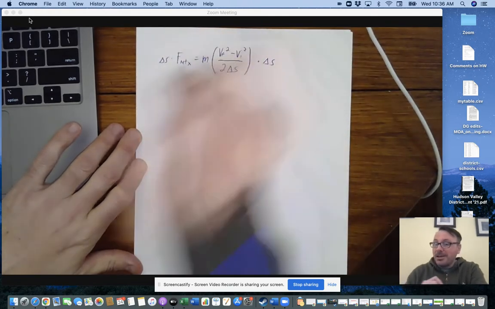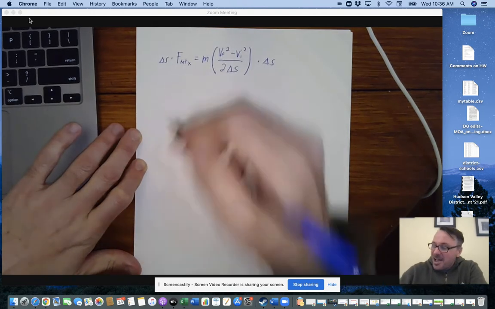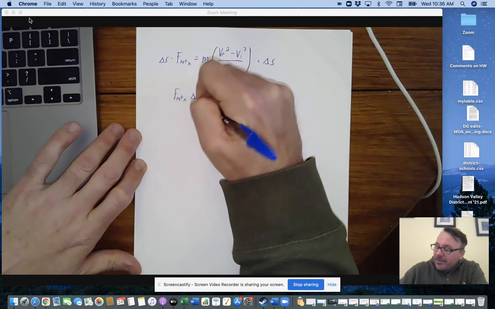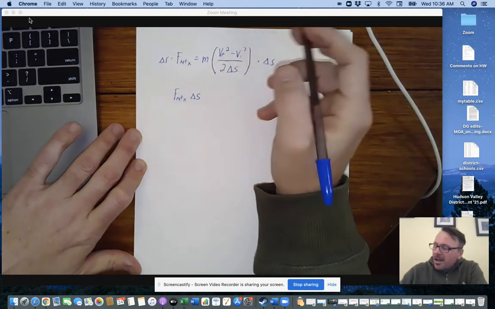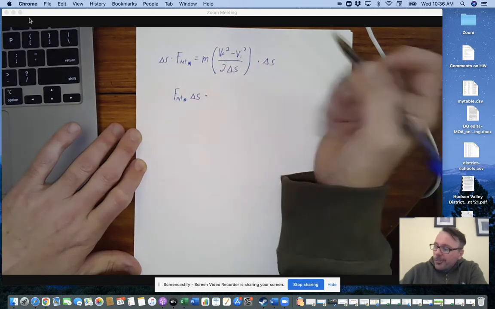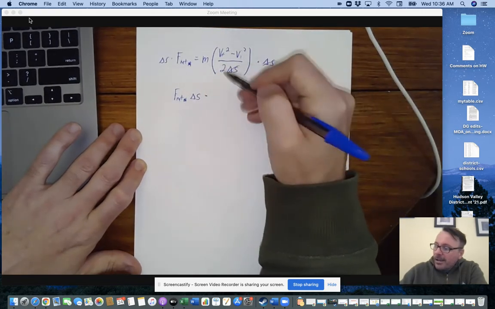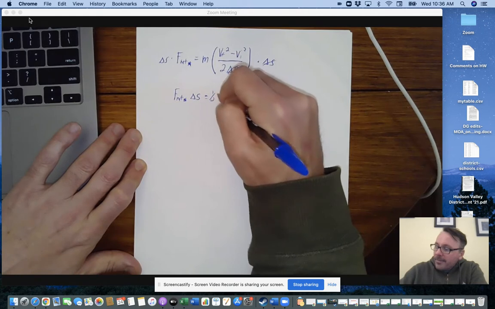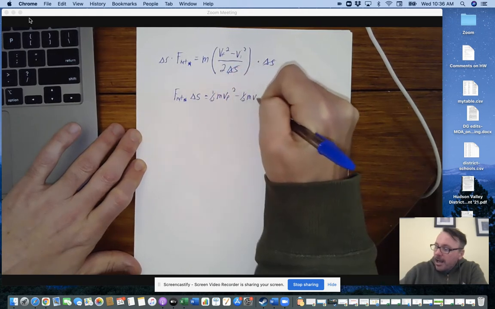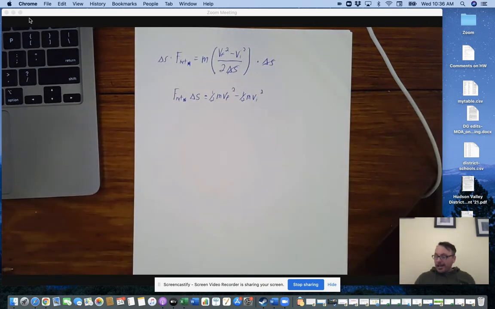Because I know what the result I'm going for is. And so I get F net X delta S. Let's actually get rid of F net X. We'll just say F net delta S is equal to 1/2 m Vf squared minus 1/2 m Vi squared. So that's what I have there.